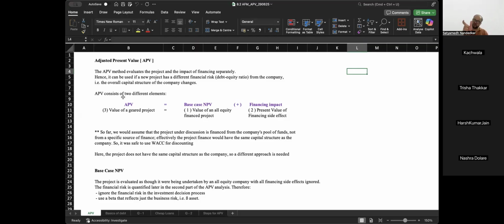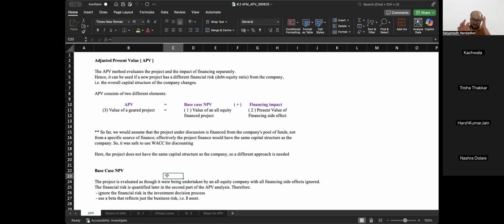तो पहले cost of equity लो from the question, calculate the base case NPV. Then to that you add the financing side effect. So basically in this situation, what we are trying to do is we are trying to first of all calculate that just on the basis of pure business cash flows, is the project generating positive or negative NPV. उसके बाद the impact of financing is added.